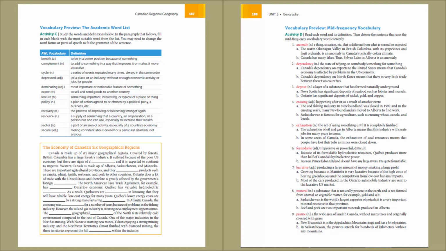They'll see this vocabulary as they look at their fellow students' writing, so you can see they're seeing it over and over again. And then once we leave this unit of geography, we'll reintroduce it in other units from other disciplines so students can see how vocabulary is used across disciplines.